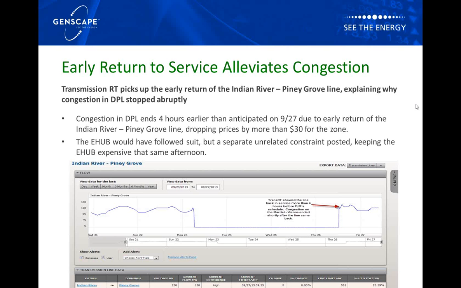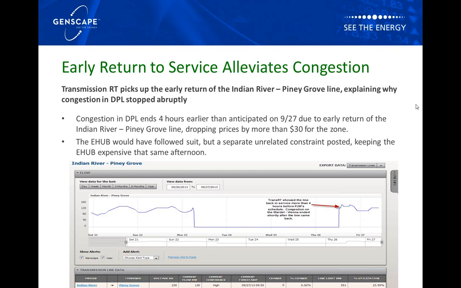And so we were able to use the data to explain to our customers, and for our customers to realize before the majority of other market participants, that the line returning resulted in the DPL price dropping by more than $30. And the East Hub would have been in a similar pattern.